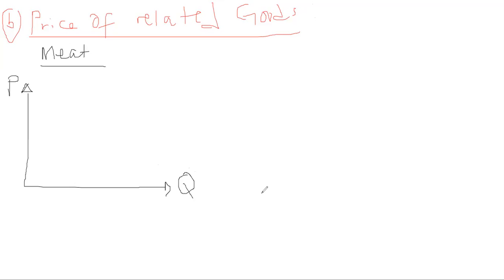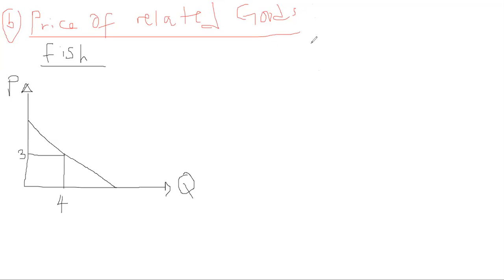Or to make it even more realistic in the Gambian case, let's say this is fish. We are studying the demand for fish. So let's say this was the original demand curve, and the price of fish is 3. You understand? And the quantity demanded at that was, let's say, 4.